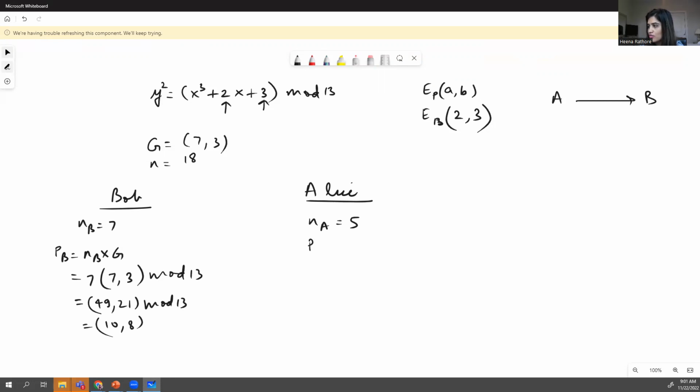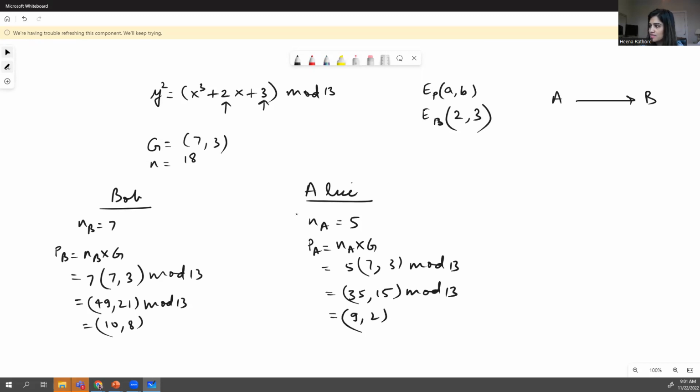Alice does a similar computation, which is P of A, which is NA times G. So NA is 5, G is 7 comma 3, under the modulus operation, which is 13. If I do 7 times 5, 35, 5 times 3, 15, mod 13, you will get the value 9 comma 2. So now this gets transmitted.